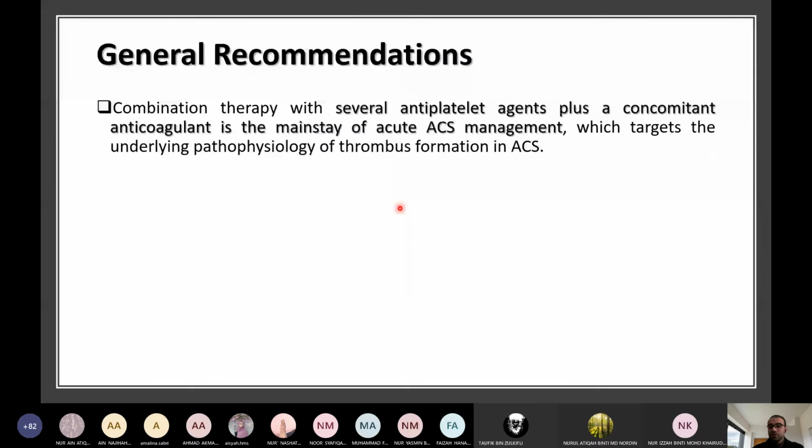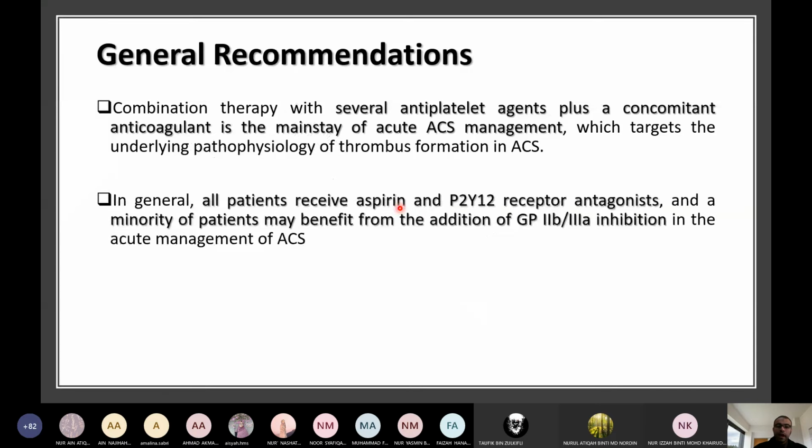So what are the general recommendations, to put it in more detail? Usually in ACS it is not monotherapy. You have a combination of more than one antiplatelet and an anticoagulant, and this is normal in the management of all types of ACS.